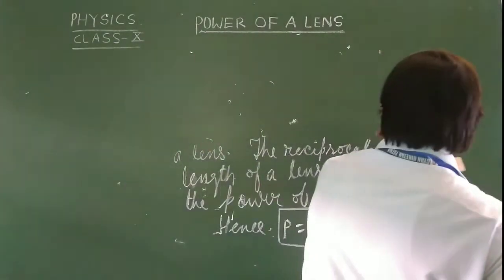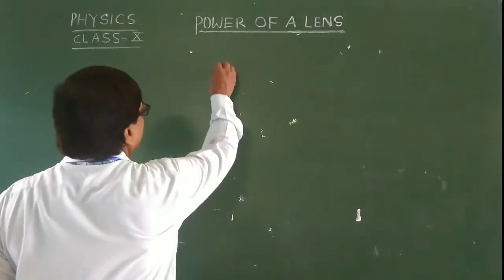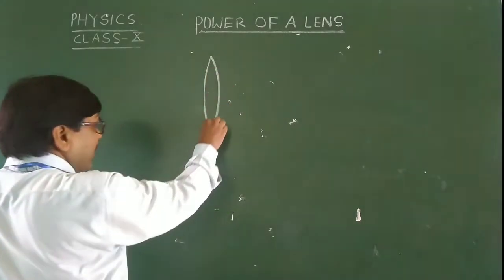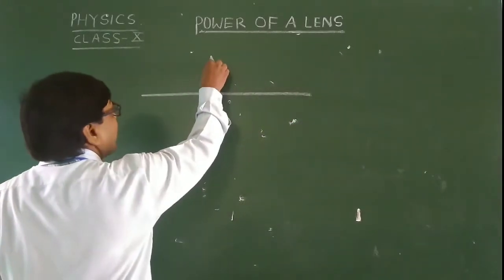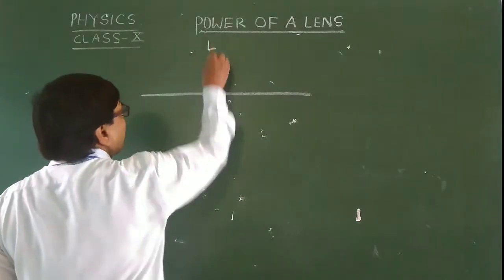So we can see with the help of a diagram for a convex lens. First, let us draw a convex lens. This is a convex lens.